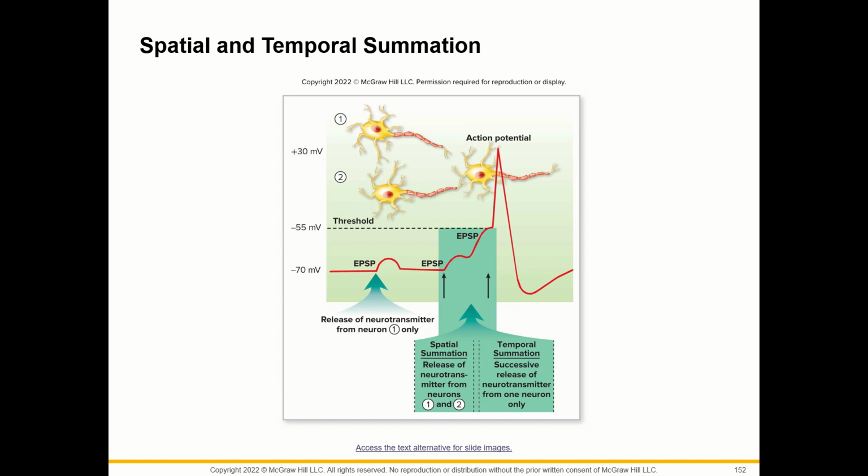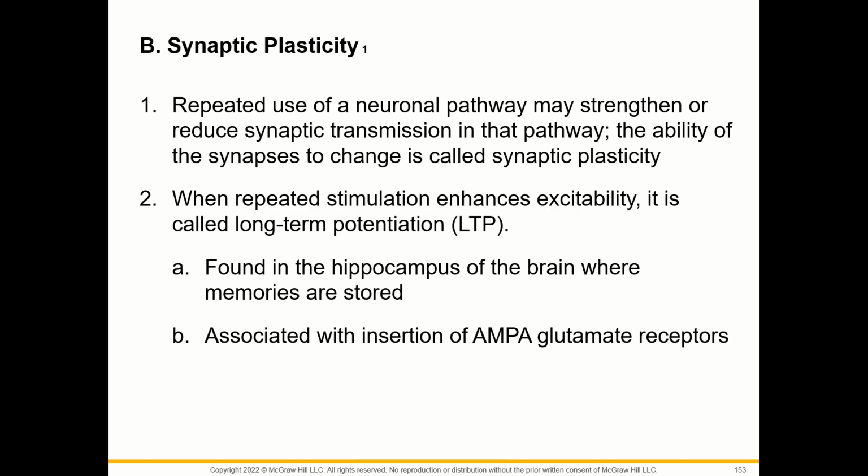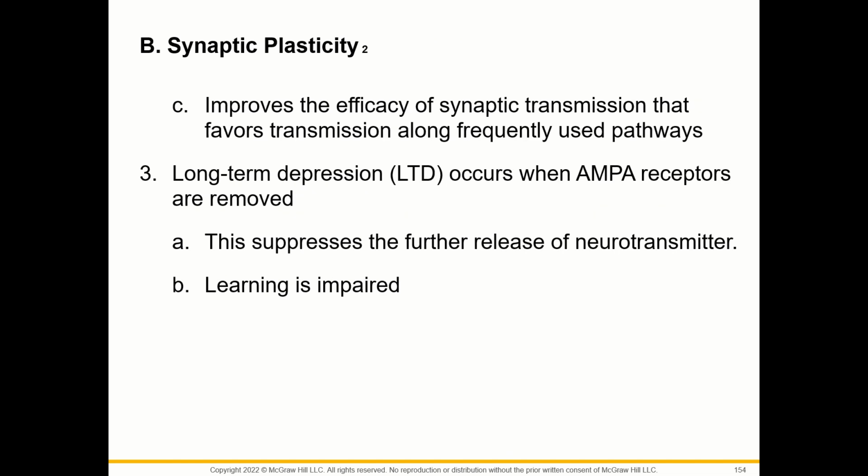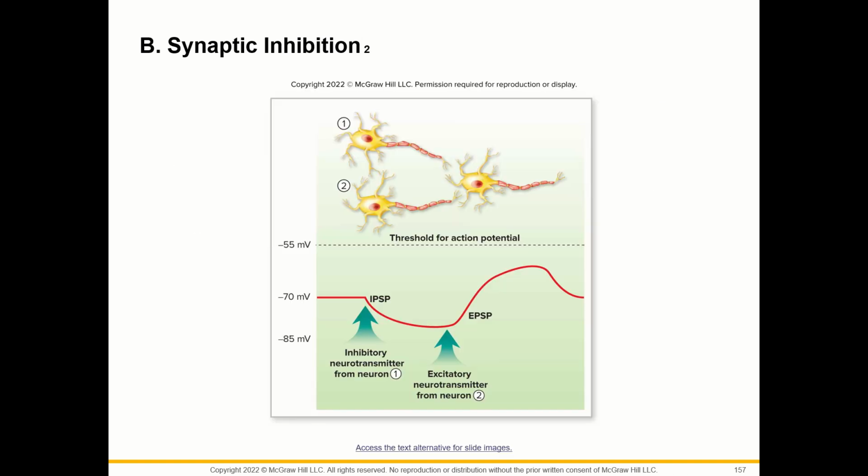And that looks like, there we go, postsynaptic inhibition. The lower diagram depicts a recording at the axon hillock of the postsynaptic neuron. An inhibitory postsynaptic potential makes the inside of the postsynaptic membrane more negative than resting potential.